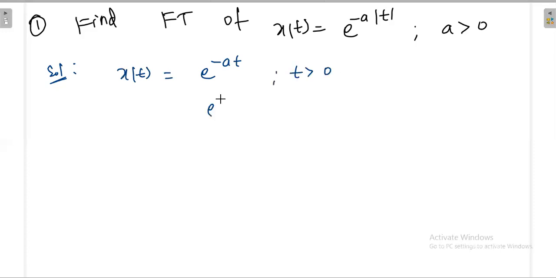Whenever t is less than 0, the t will become minus t, so that it is e power at, when t is less than 0. And what is the Fourier transform?